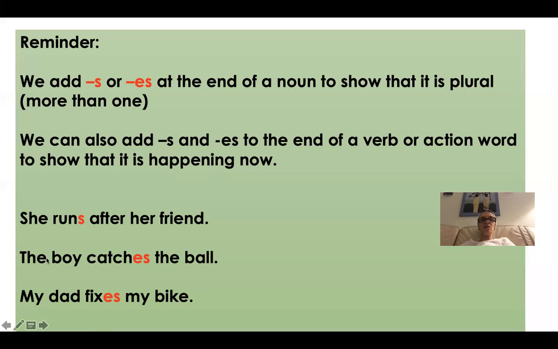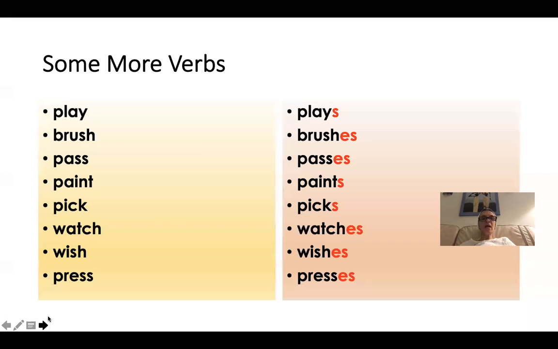She runs, the boy catches, my dad fixes. Okay, and here are some more examples. This is the root word. Before we put any ending, this is the root word. It means it still doesn't have any endings or any beginnings. It's just the word as it is, the root word.